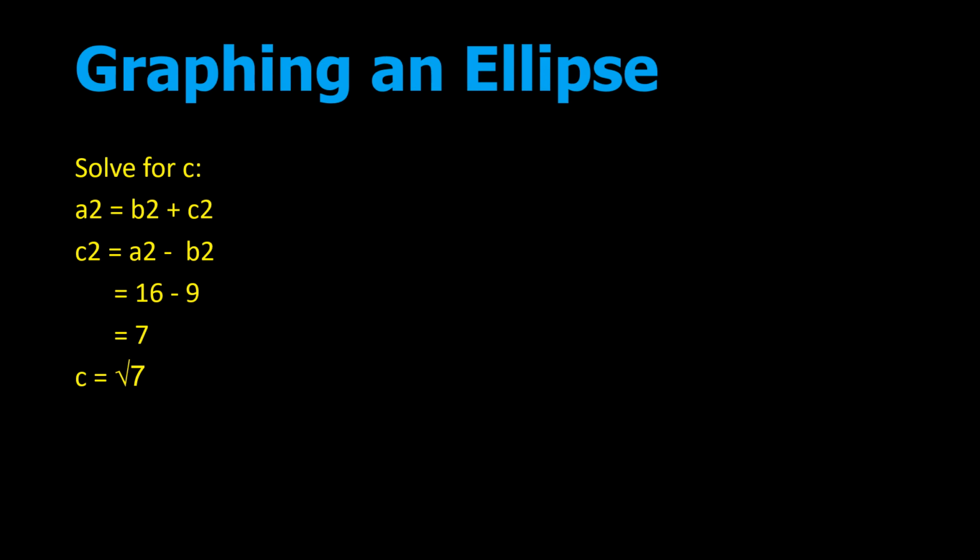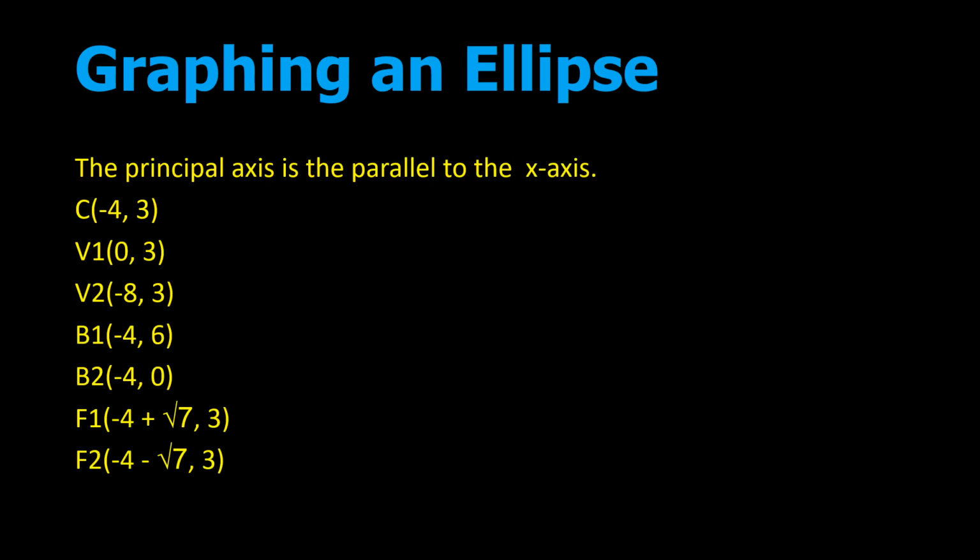So, 16 minus 9 is equal to 7. Therefore, the value of C is square root of 7.